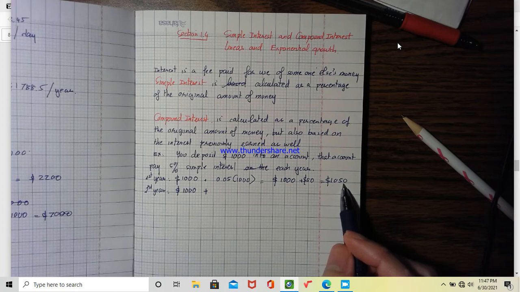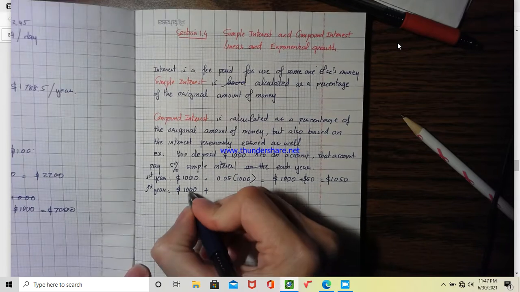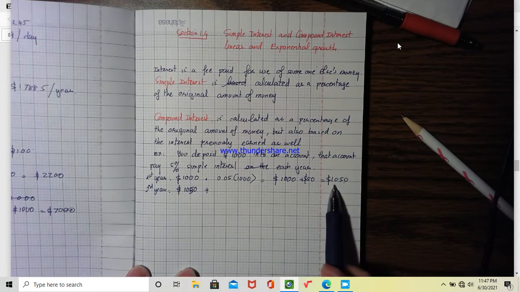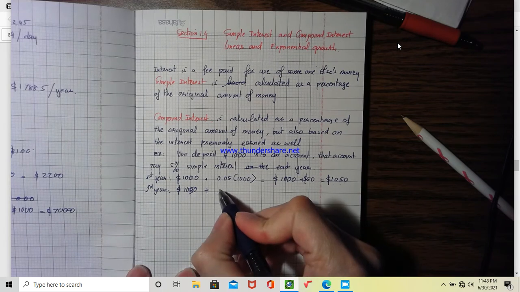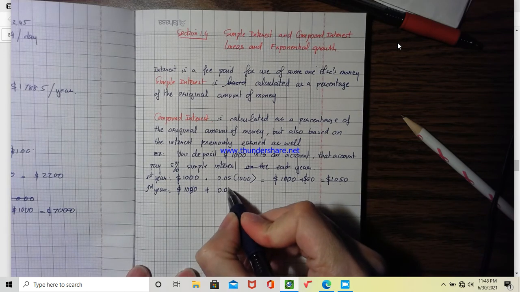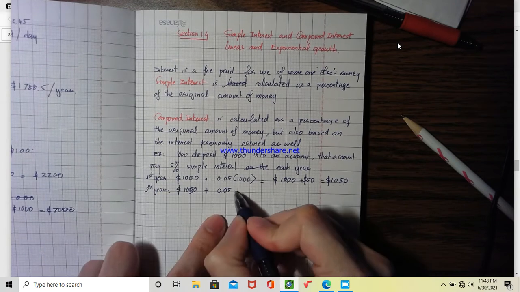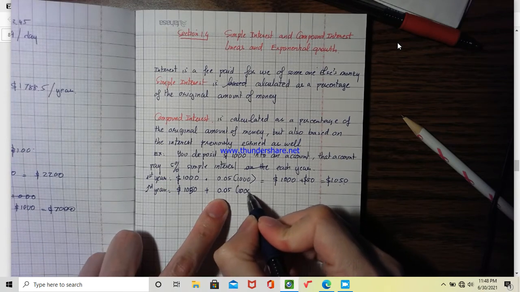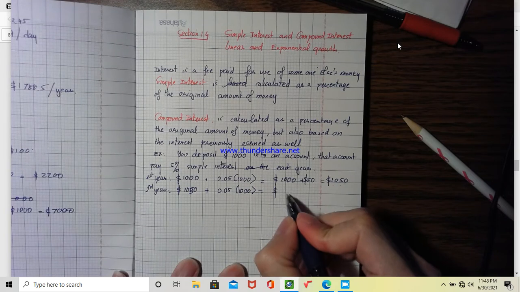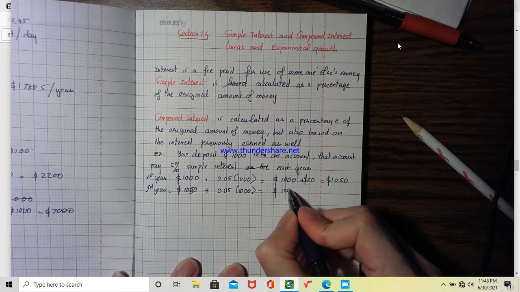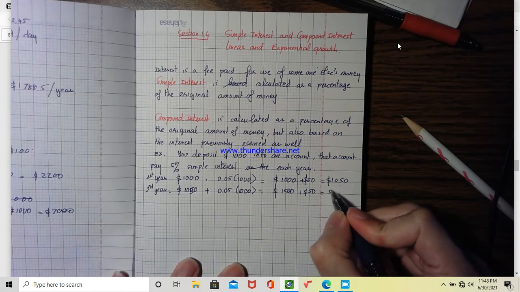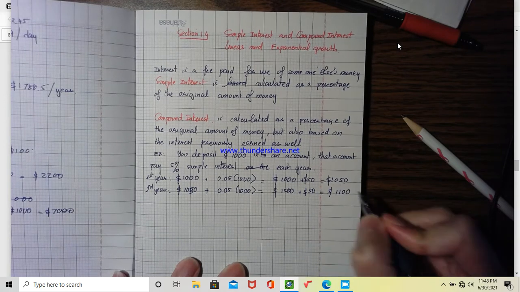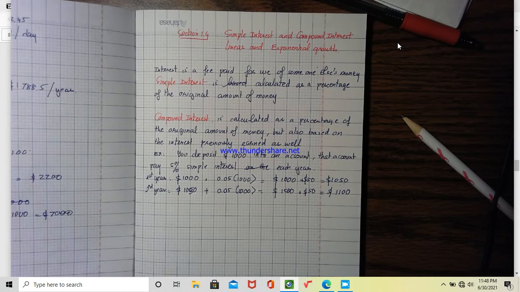Right now after the first year you already have 1,050. The second year will be 1,050 plus 5% of the original, so plus 0.05 of the original. So after the second year, you will have $1,100, right?